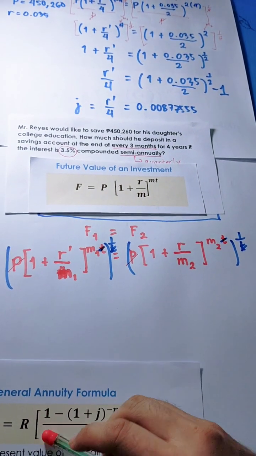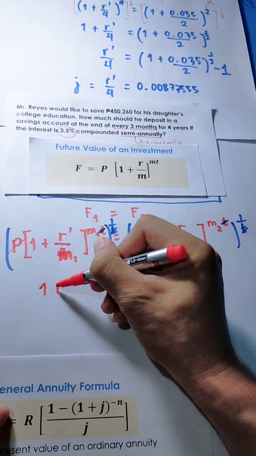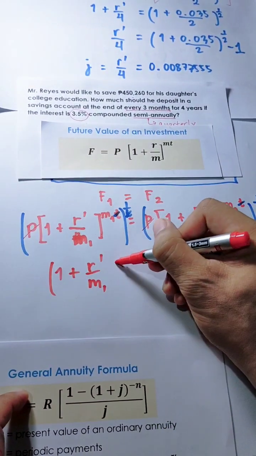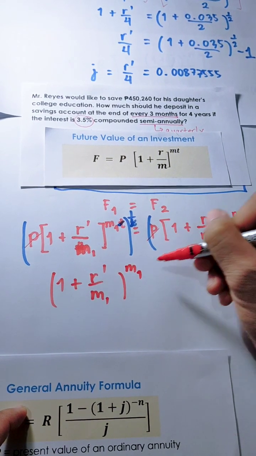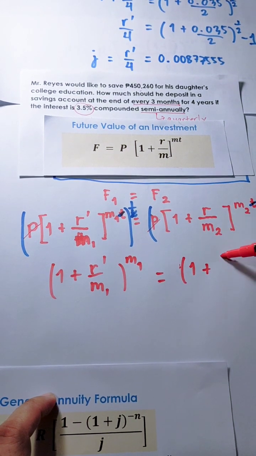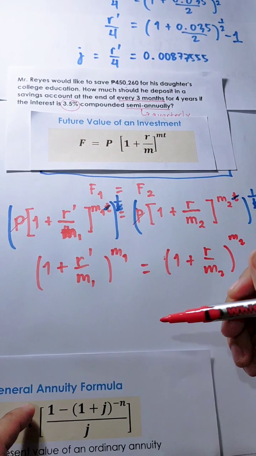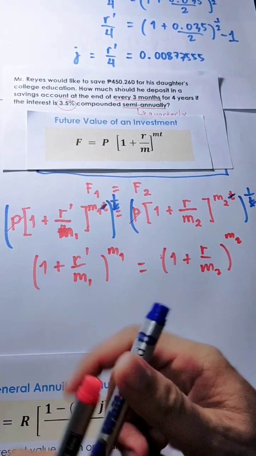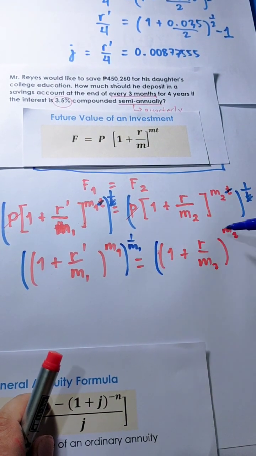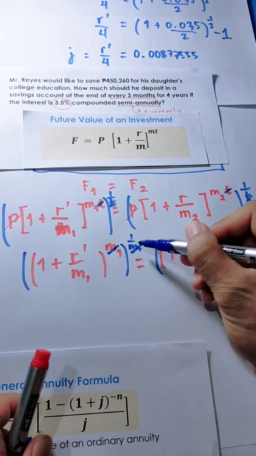And we will be left with this expression on the left side, (1 plus R prime over M1) to the M1, equals 1 plus R over M2, to the M2. Next we'll raise both sides again to 1 over M1, and our M1 here will cancel out.